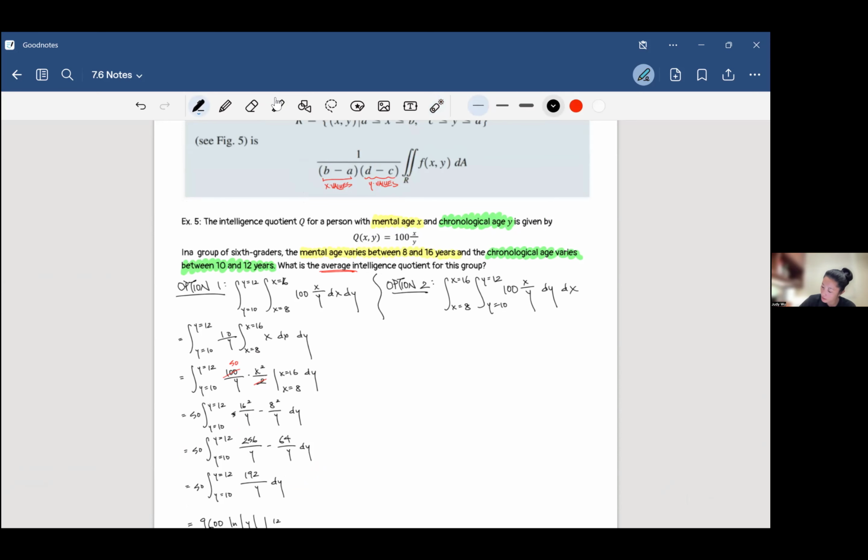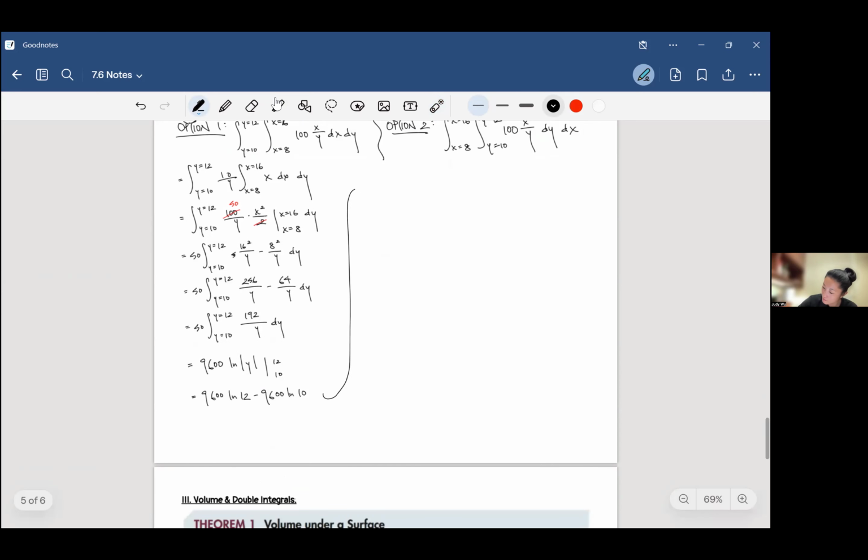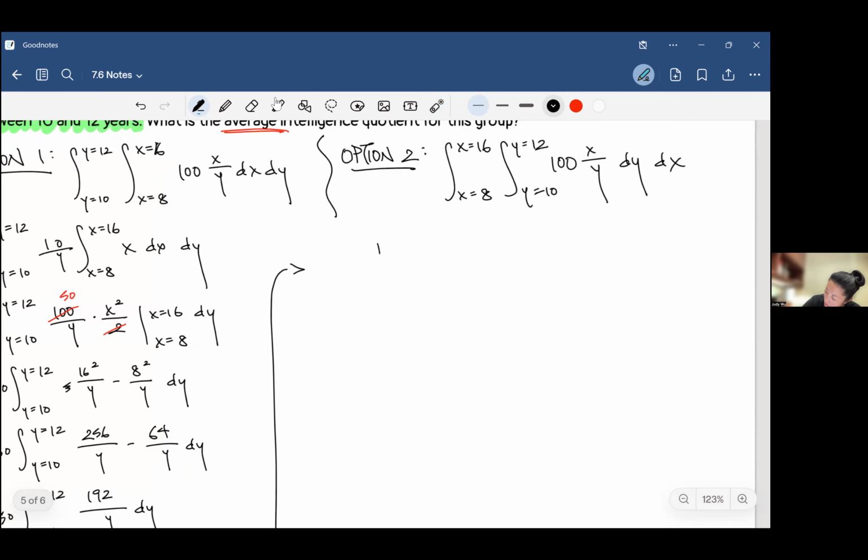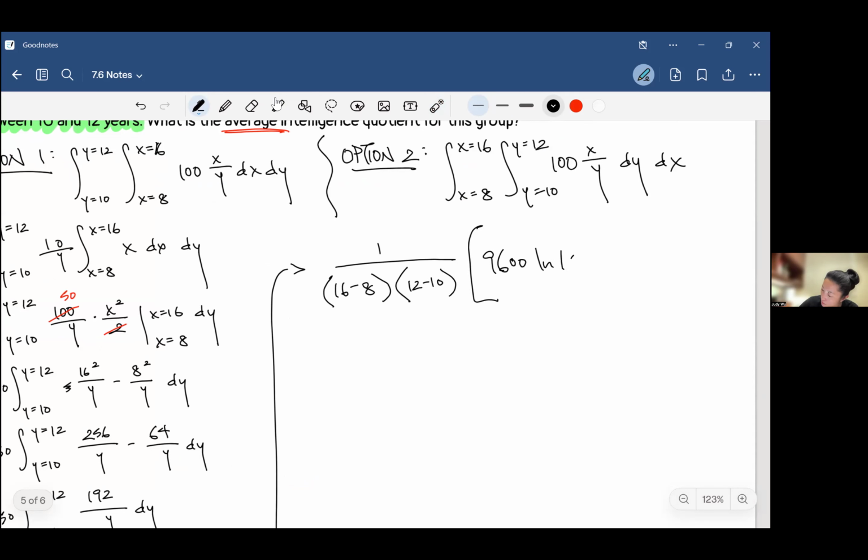So let's do that. 1 over, let's see, b minus a is 16 minus 8. d minus c is 12 minus 10, and times this 9,600 natural log 12 minus 9,600 natural log 10.